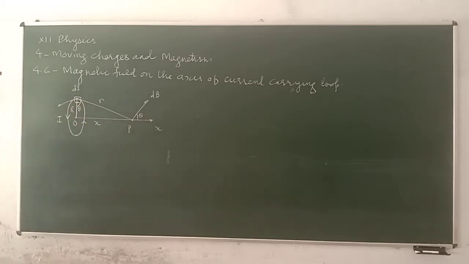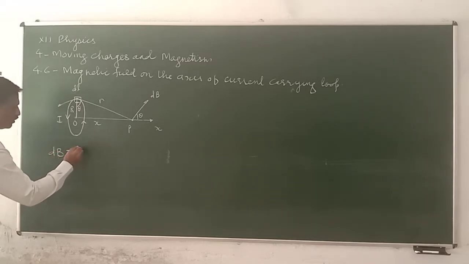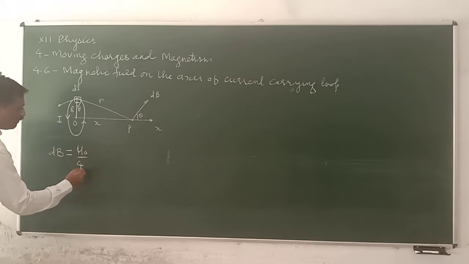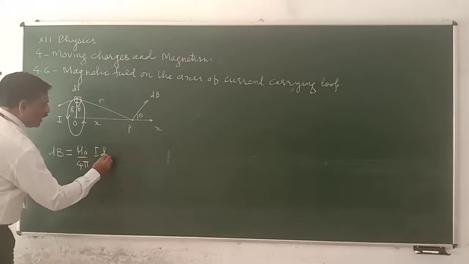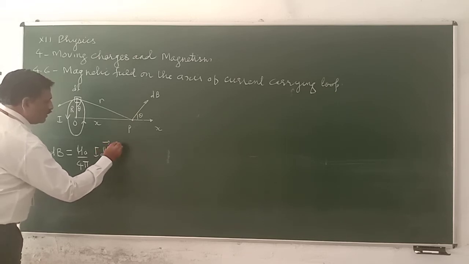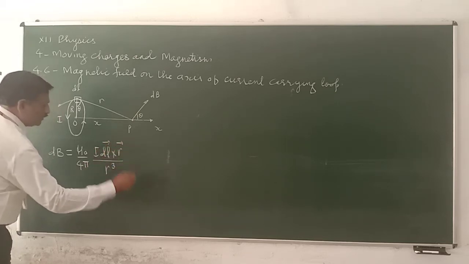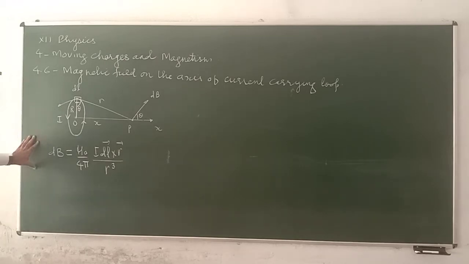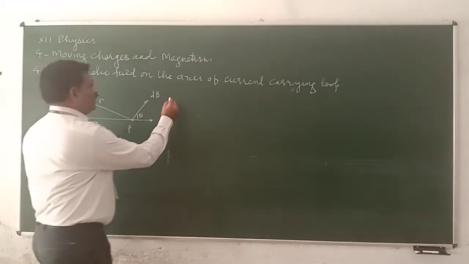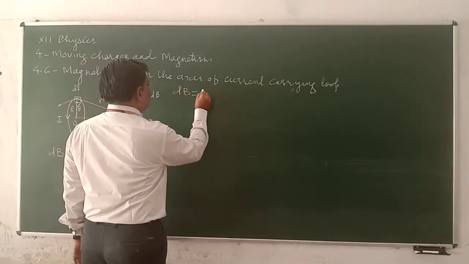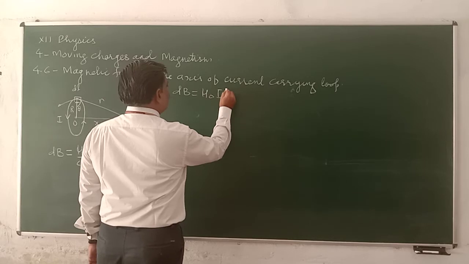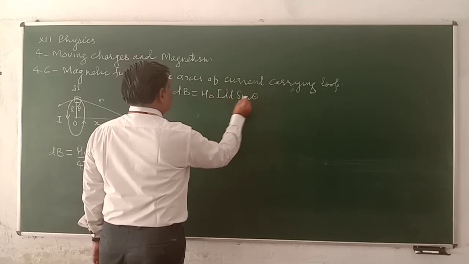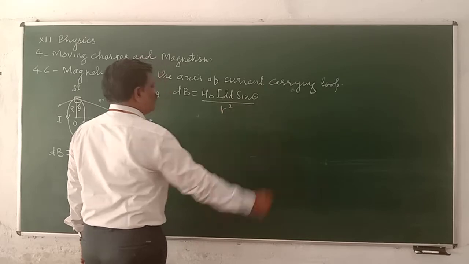Now, according to Biot and Savart law, dB is equal to mu 0 upon 4 pi, I dl cross R divided by R cube. This field is perpendicular to both dl and the current. Now I can take dB equal to mu 0 I dl sin theta divided by R square.